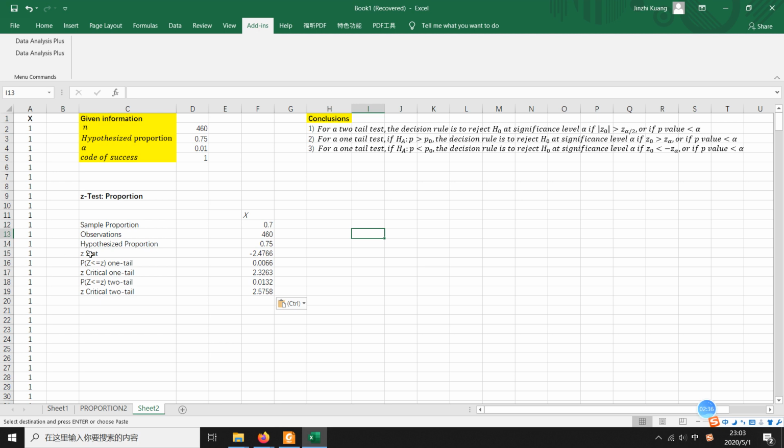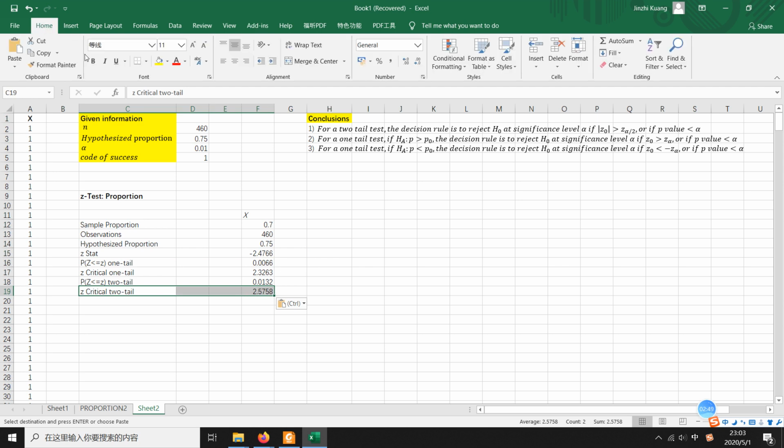In our case, the Z statistic is minus 2.4766 and the Z critical value for two-tailed test is 2.5758. So the absolute value of the Z statistic is smaller than the Z critical value for two-tailed test.